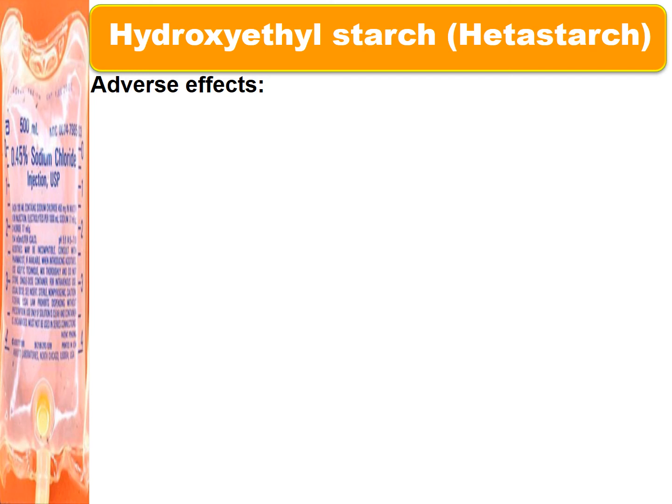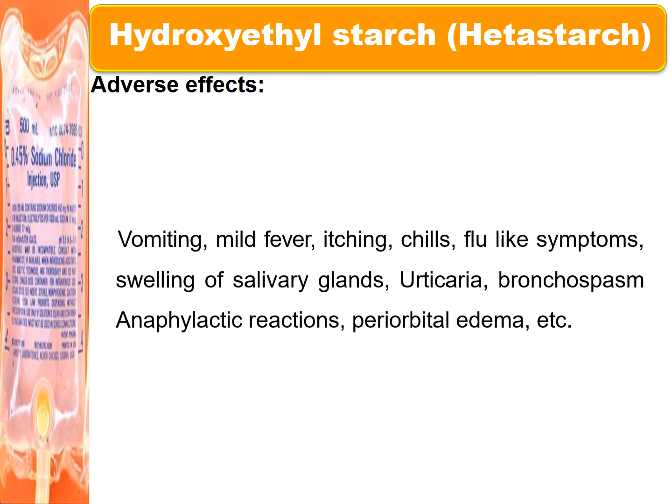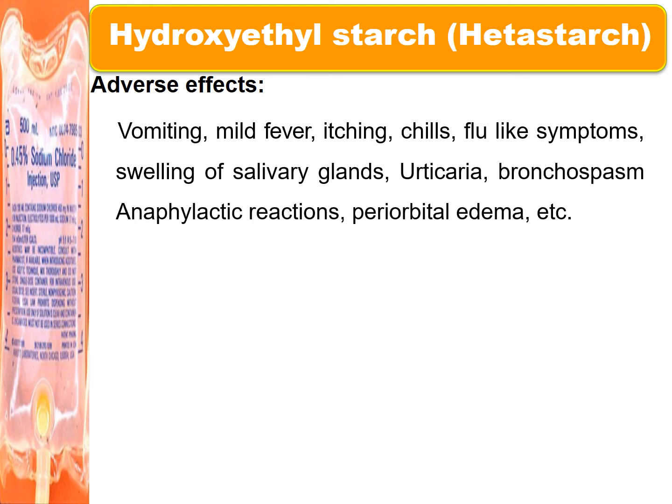Now start with the adverse effects. Vomiting, mild fever, itching, chills, flu-like symptoms, swelling of salivary glands, urticaria, bronchospasm, anaphylactic reactions, periorbital edema, etc. are the adverse effects of HES starch.